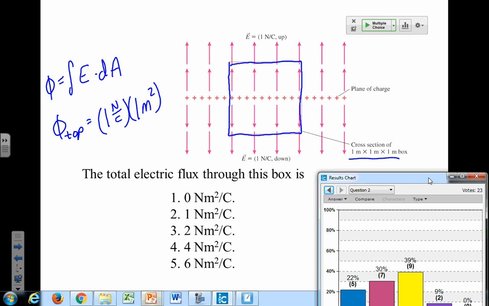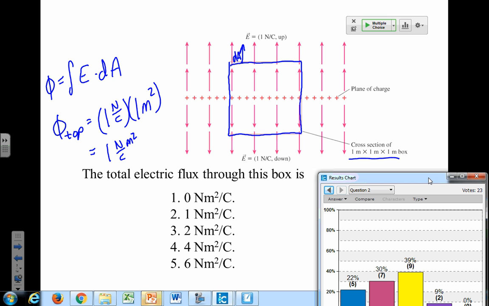It's a 1 by 1 by 1 meter box. This is positive because the electric field is in the same direction as my area vector. My area vector is in that direction. The electric field is in the same direction for the top. So this is equal to 1 Newton per Coulomb meter squared. Similarly, in the bottom, now some of you might have said that the bottom was negative, but it's not.